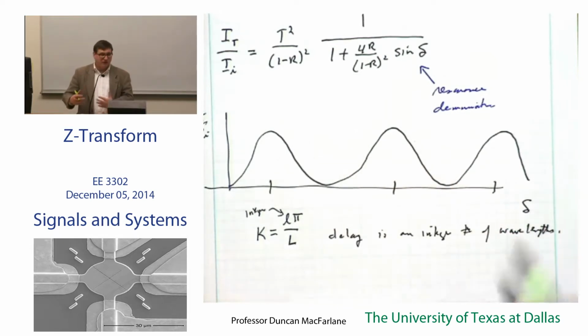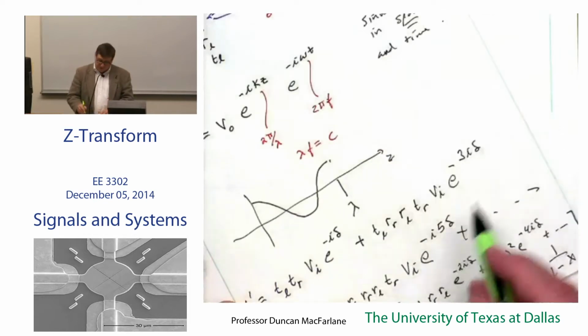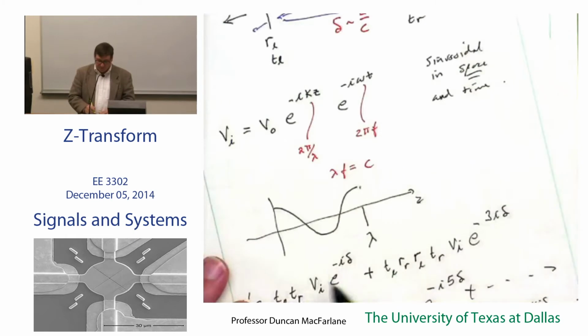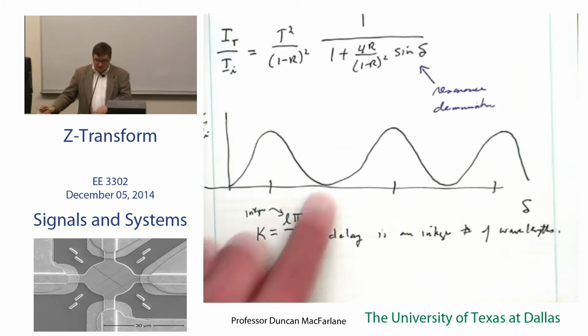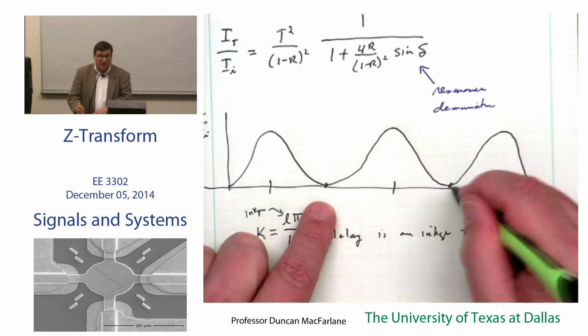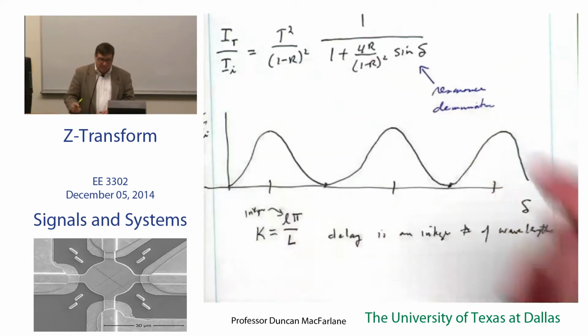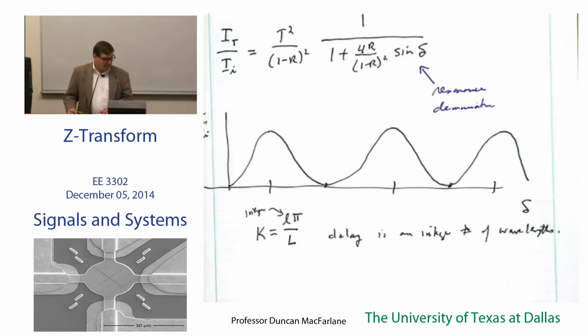If all the reflection terms cancel the first term, then I'll get a 0. And if all of them add up in phase, I'll get a maximum output. Okay? So it's kind of interesting. This is a filter, but it's a filter with a very, very good physical intuition and physical meaning.